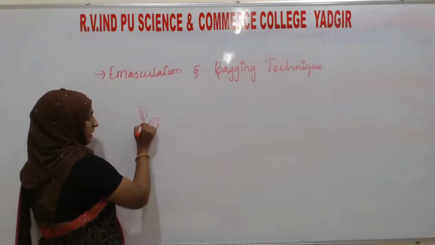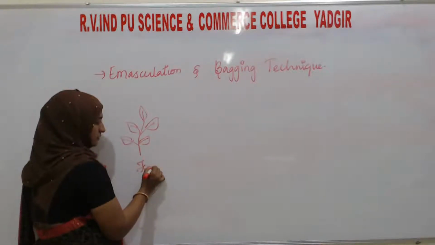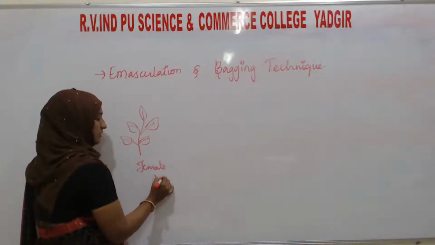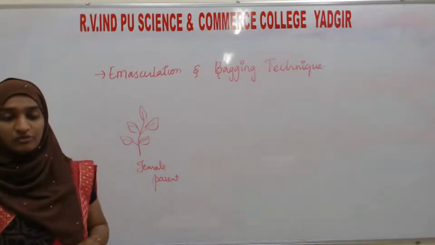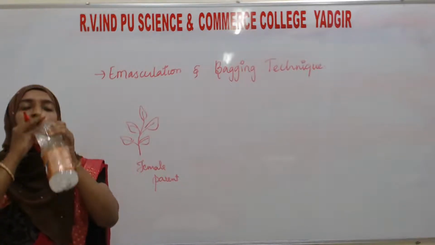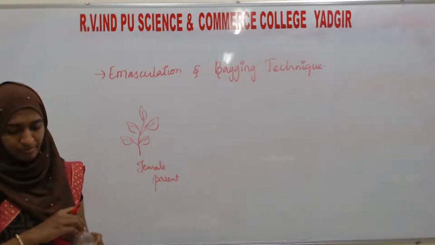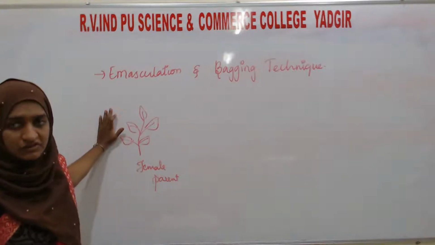This is the plant and this is the female parent, that means female flowering plant, which has only the gynoecium, not androecium. So this female parent produces bisexual flowers.